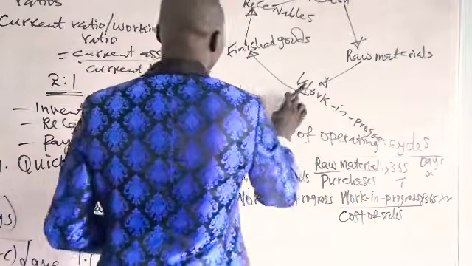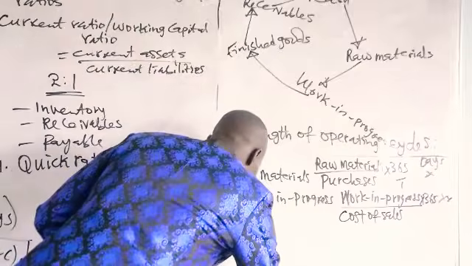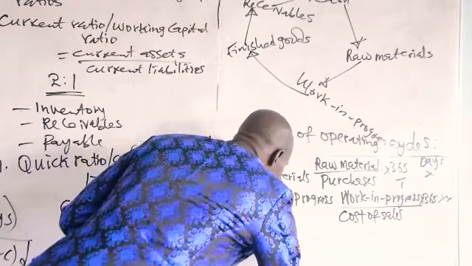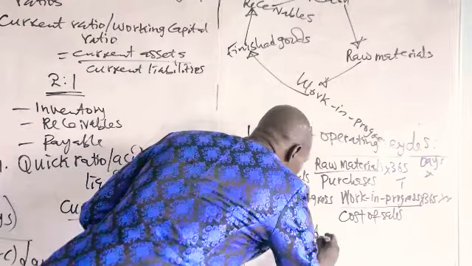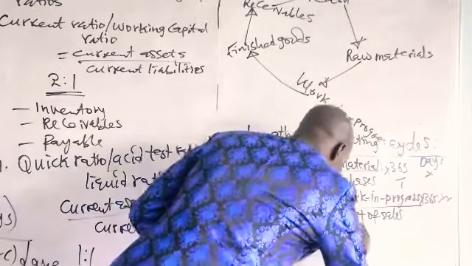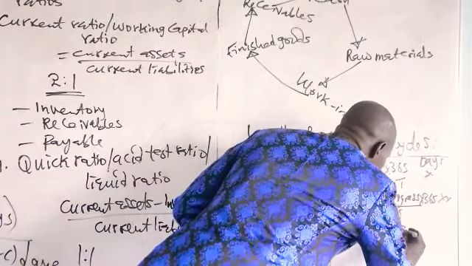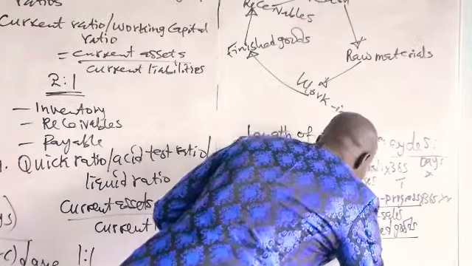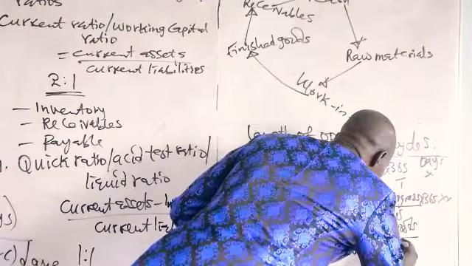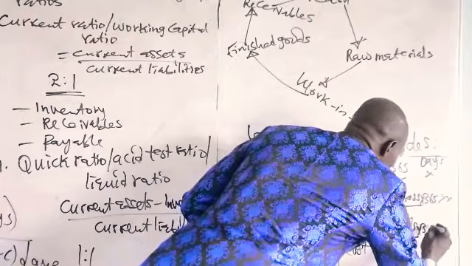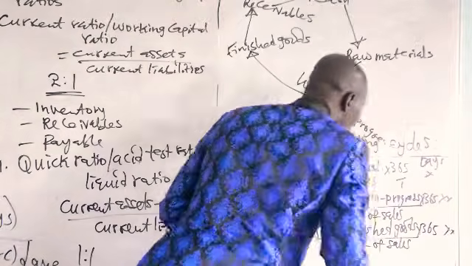Then after work in progress, you have finished goods. The finished goods conversion period will be finished goods over cost of sales times 365 days. That will also give you S days.